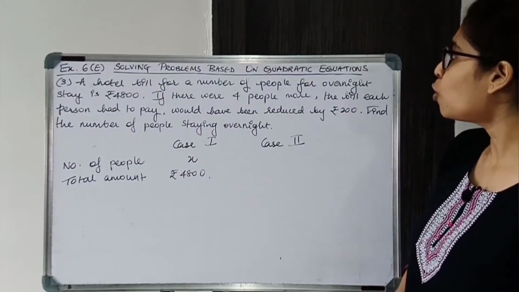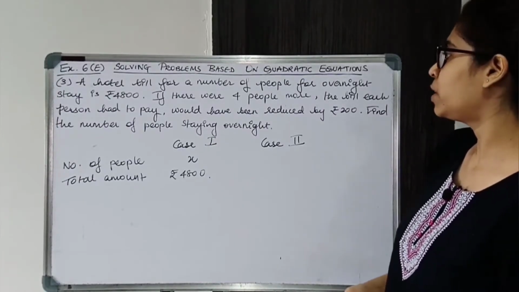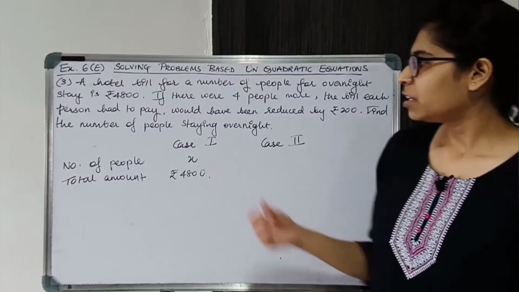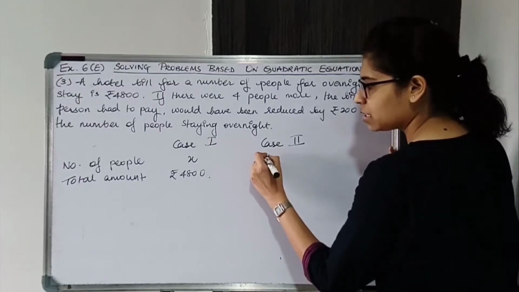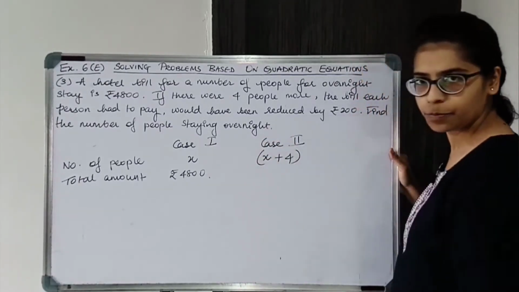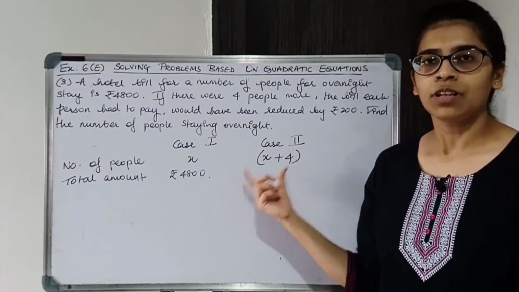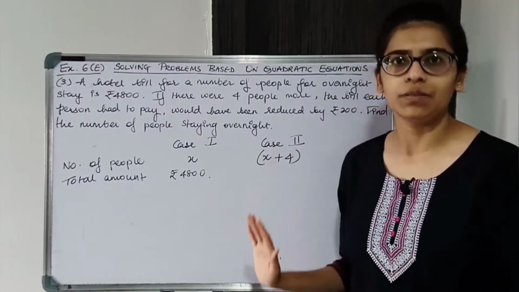If there were 4 people more, the bill each person had to pay would have been reduced by rupees 200. Now, if there were 4 people more, that is x plus 4 people, then what would be the total amount? Now try to understand the question. The total amount is the same only.